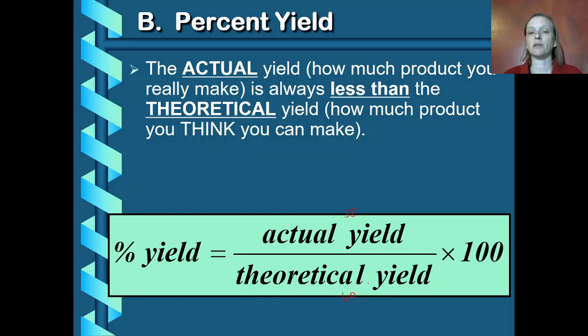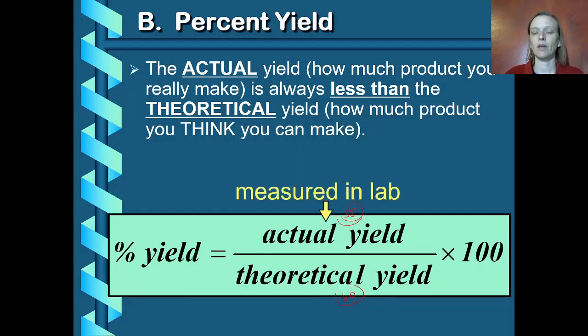The actual yield is always going to be smaller than the theoretical yield, and it's based off of what you really make versus what you think you should be able to make according to the recipe. Another way to think about it is that the actual yield is what you measure in the lab. You do the experiment and you collect your product and you actually weigh it to find out what you actually got from your experiment.